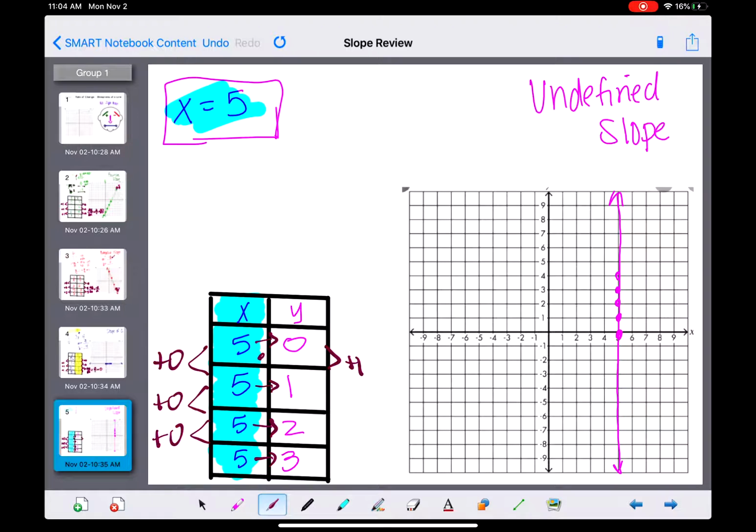Our y values are going up by 1. So if I write this as a change in y over change in x, my change in y is 1. My change in x is 0. I am not allowed to divide by 0. Therefore, my slope is undefined.